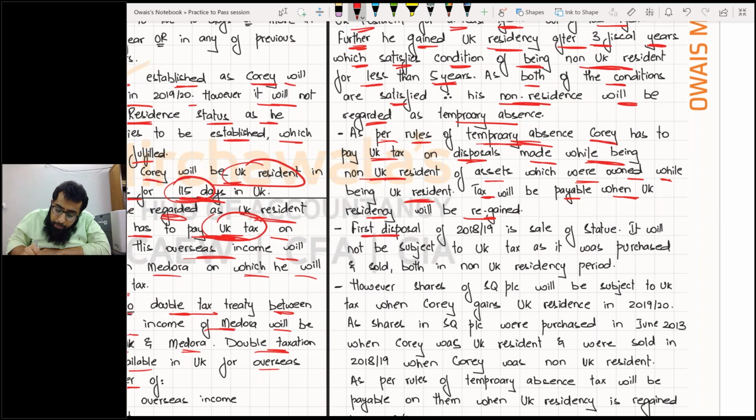First of all, I'm talking about the statue. The first disposal of 2018-19 is the sale of the statue. It will not be subject to UK tax as it was purchased and sold both in non-residency. Yes, for temporary absence, both conditions have to be satisfied simultaneously.